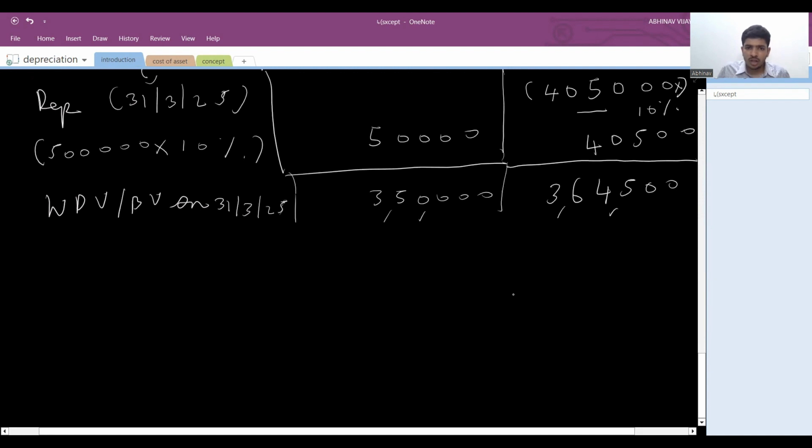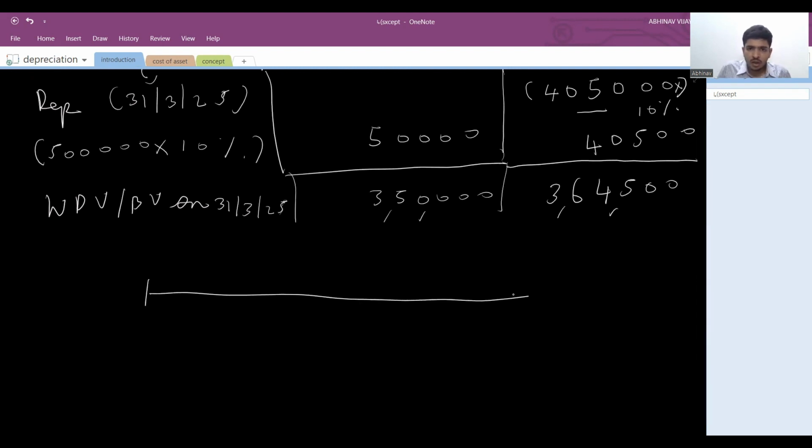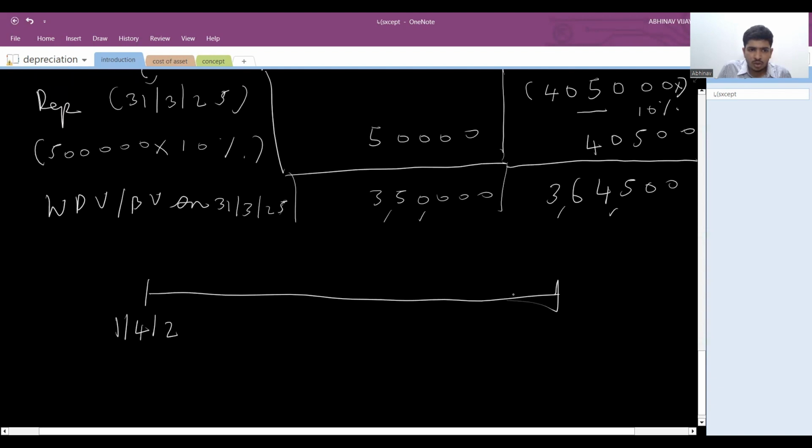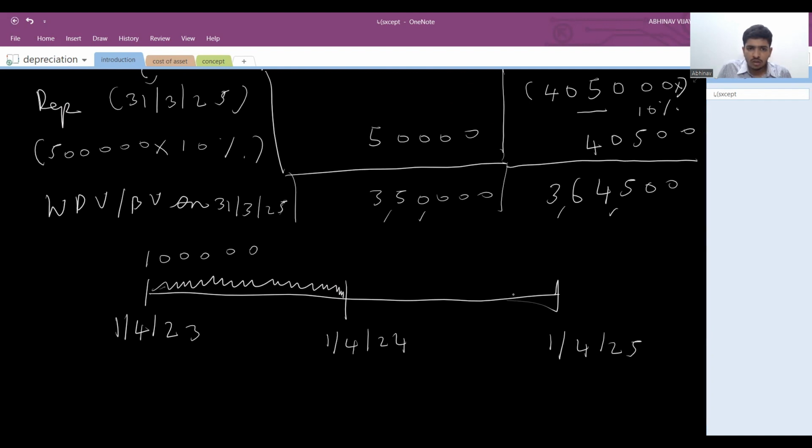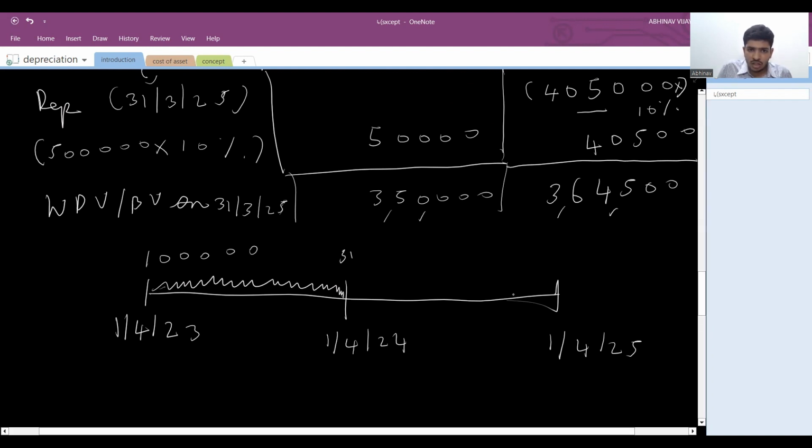For greater conceptual clarity, draw a timeline. So 1st April 2023, 1st April 2024, and 1st April 2025. Now, the machinery's value, for example, say it's 1 lakh here. The machinery was used throughout the year, and 31st March is the year end.